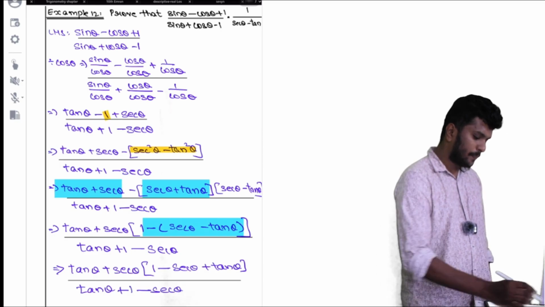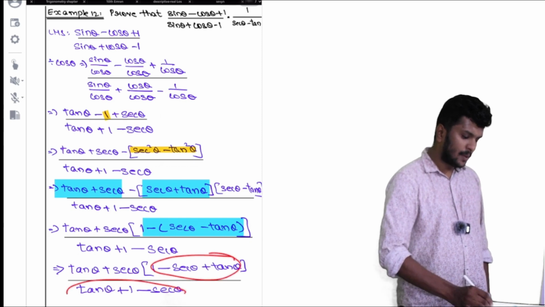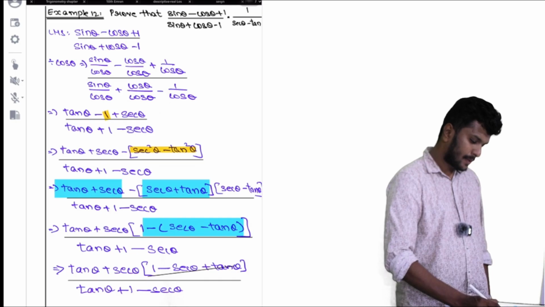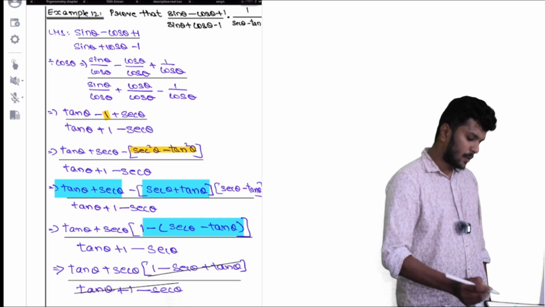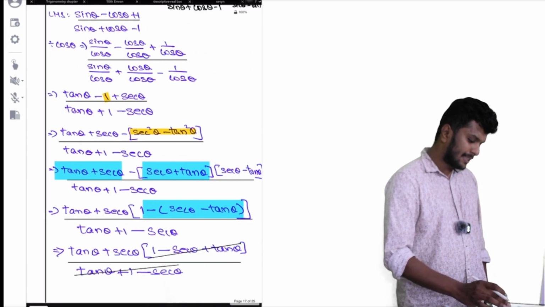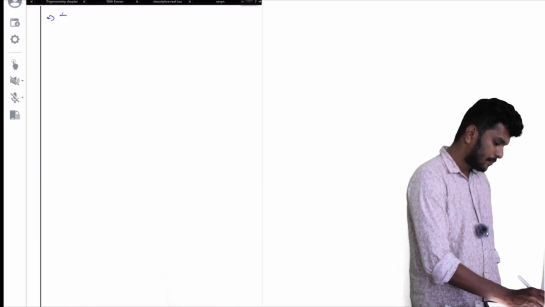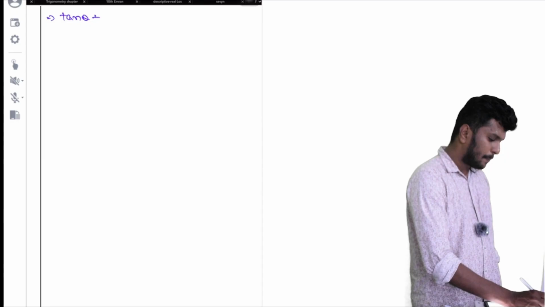Now if you look throughout, these two are exactly the same, right? So they can be cancelled. I'll cut them both. So what does our answer turn to now? Tan theta plus sec theta.